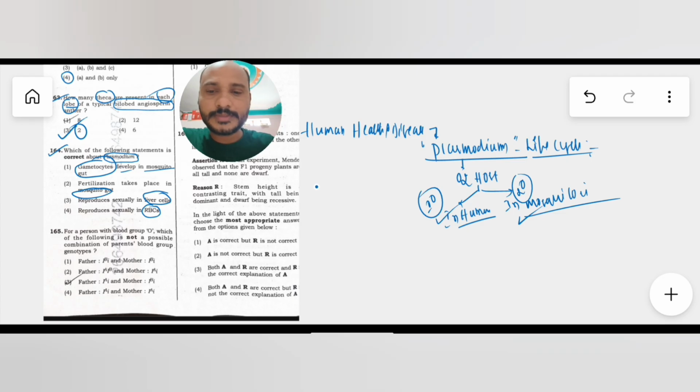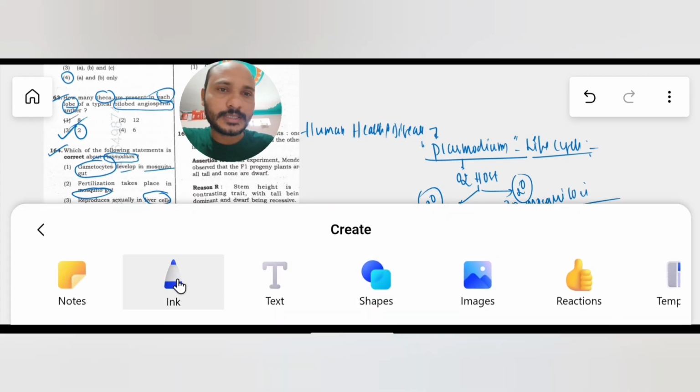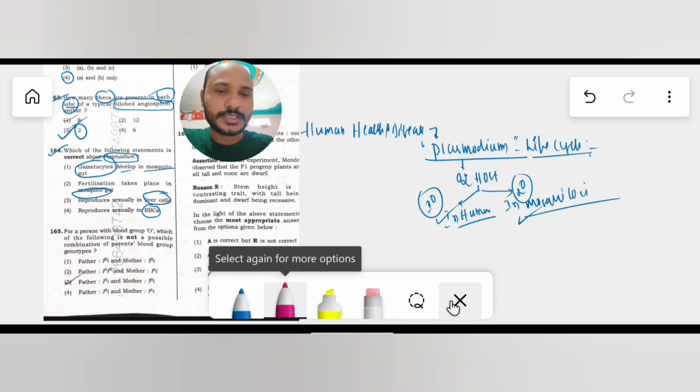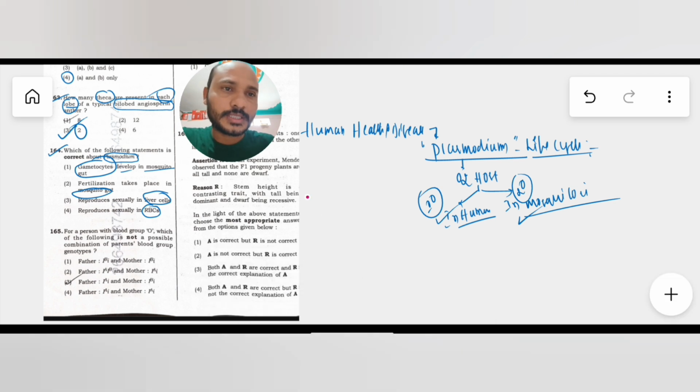In the life cycle of Plasmodium, gametocytes are the sexual stages. I'm writing: in the life cycle of Plasmodium, gametocytes are sexual stages which develop inside the human host.